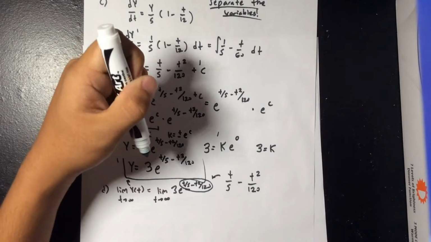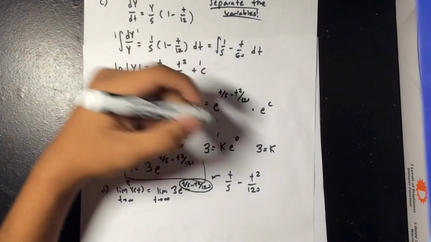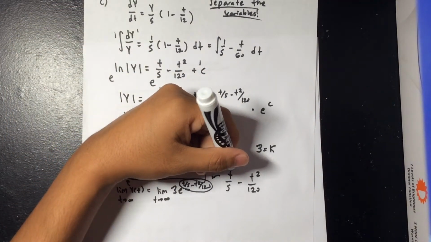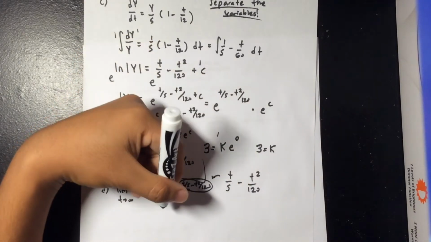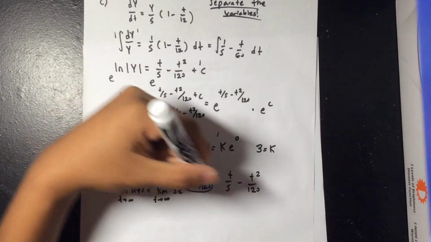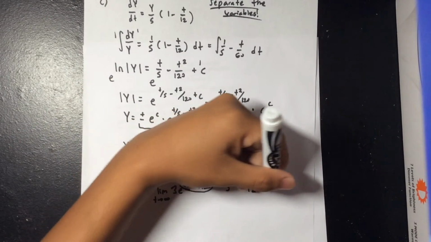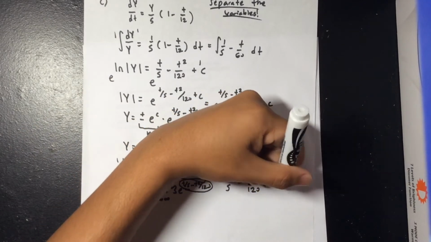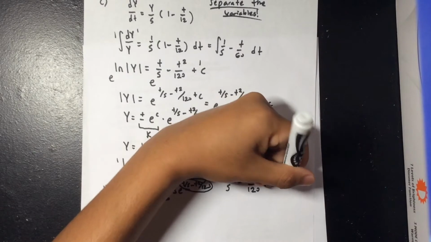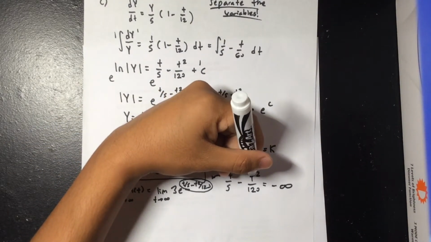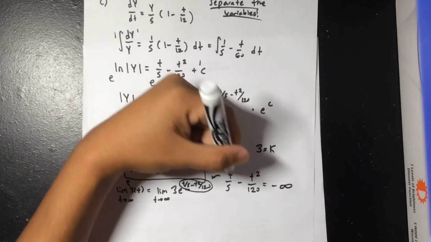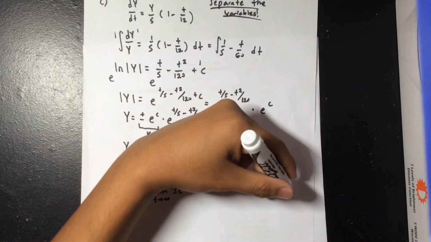So essentially, we're going to have a small number minus a big number, and if we go all the way up to infinity, this is going to pretty much equal negative infinity, right? Because this is increasing at a faster rate than this side. So this part will become negative infinity.